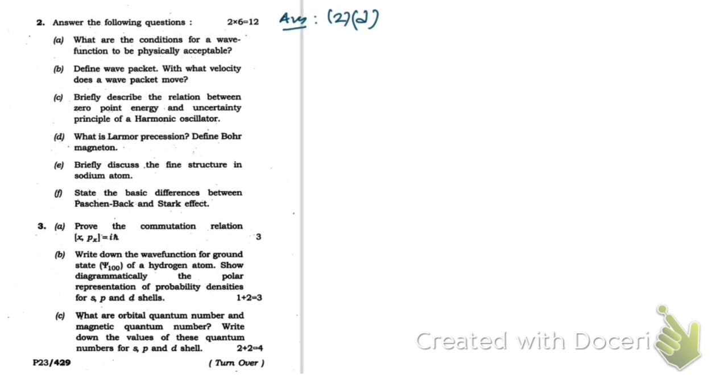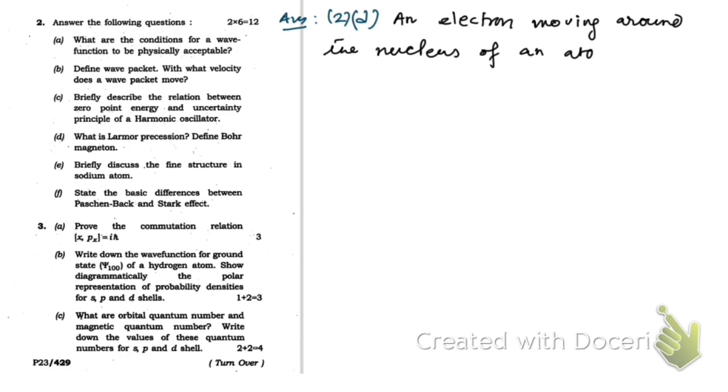An electron moving around the nucleus of an atom is equivalent to a magnetic dipole.